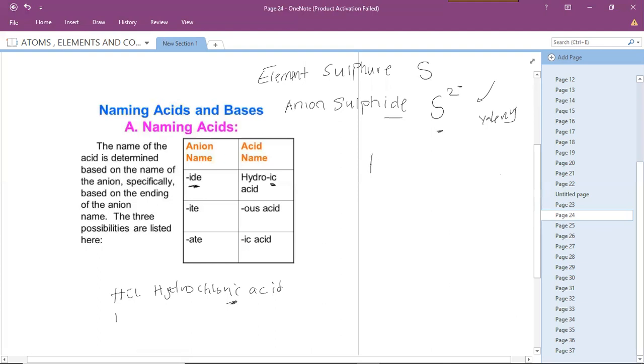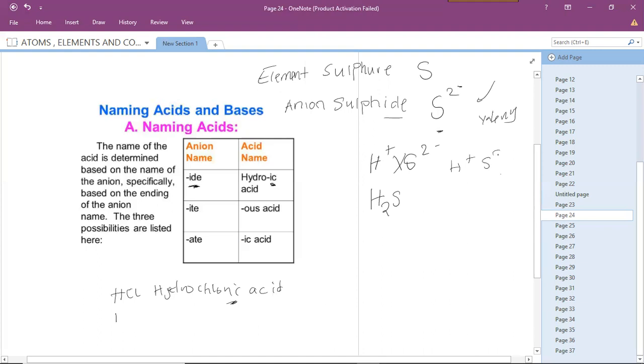So hydrogen has H plus there, and sulfur has 2 minus. You can cross multiply there to make a substance known as H2S, which is hydrosulfuric acid. Why are we cross multiplying? We want the positive charge to be equal to the negative charge.